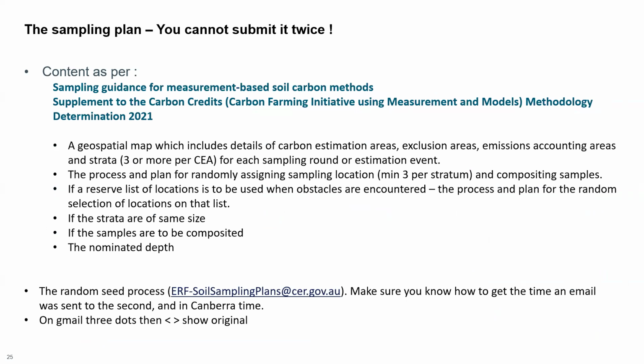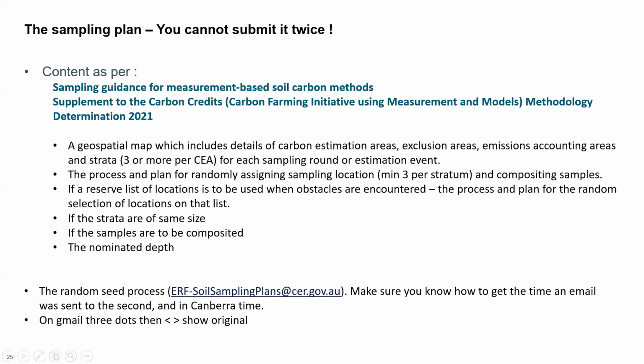The sampling plan. I've got the two official documents there that define the requirements on the sampling plan. As I said, it needs to include the map of your strata. There need to be at least 3 strata per CEA, or more, but at least 3.